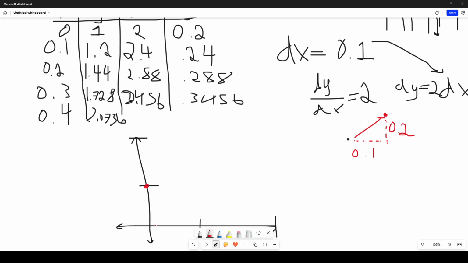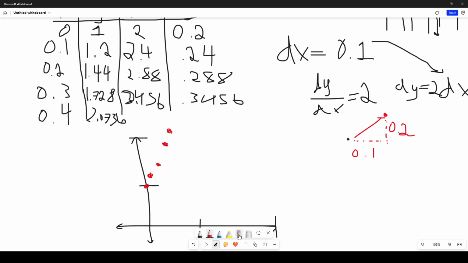Then at 0.1, we're at 1.2, which is about here. At 0.2, we're at 1.44, which is about here. At 0.3, we're at 1.7, which is about here. At 0.4, we're a little bit above 2, so let's say right there.